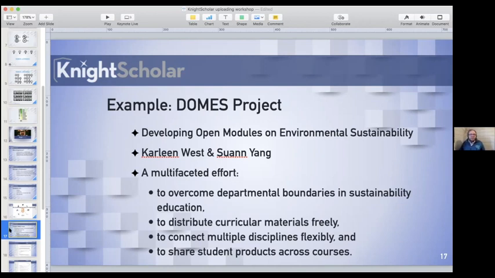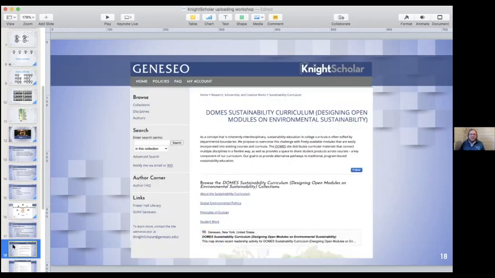So the DOMES project on KnightScholar looks like this. The first page is just this, where you have the description, and then underneath it we have the different pieces. So one of the goals of the DOMES project was to include curricular materials from many different courses that used it. So we have Global Environmental Politics, which is Carleen's work for her political science class.